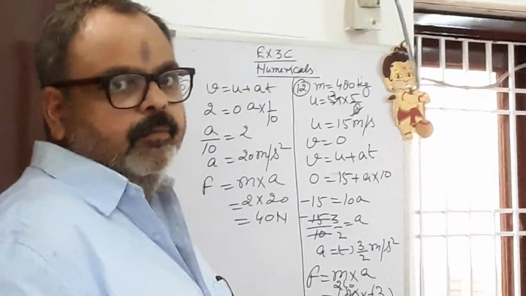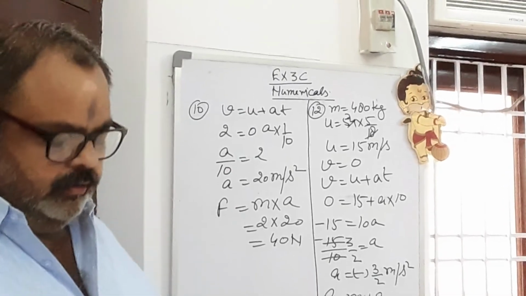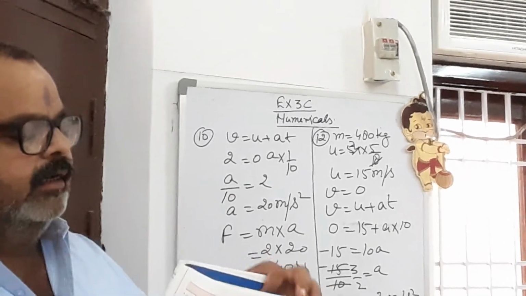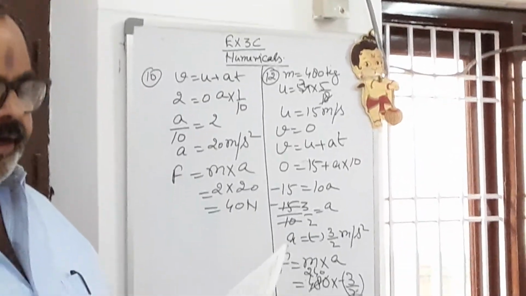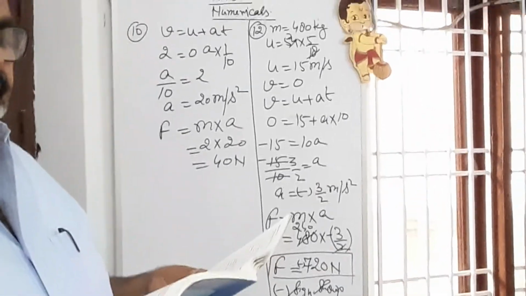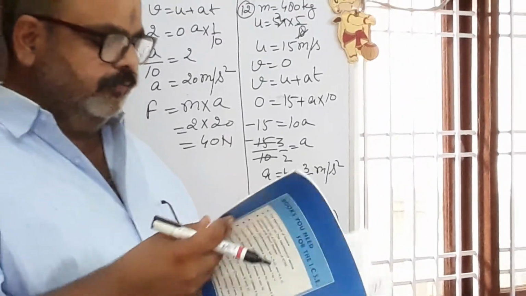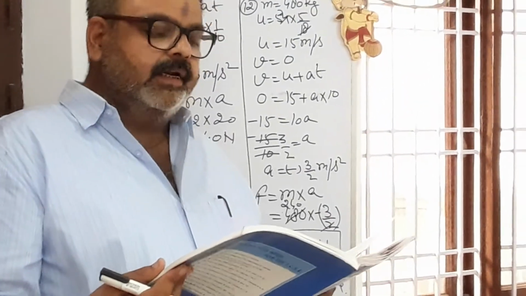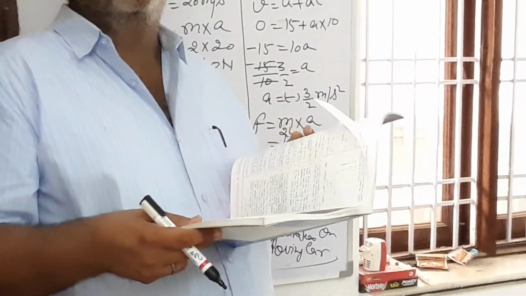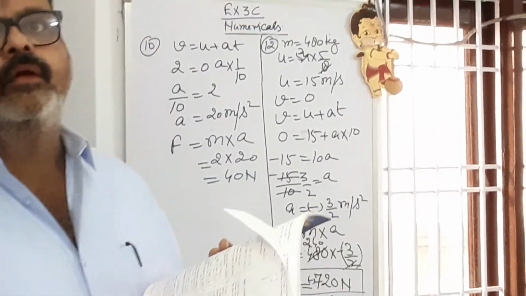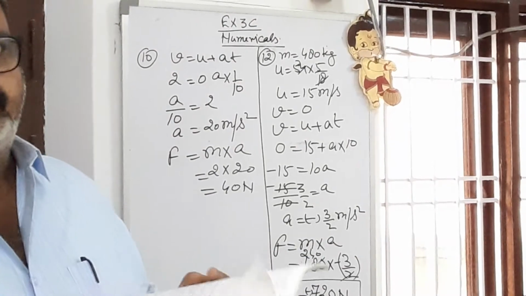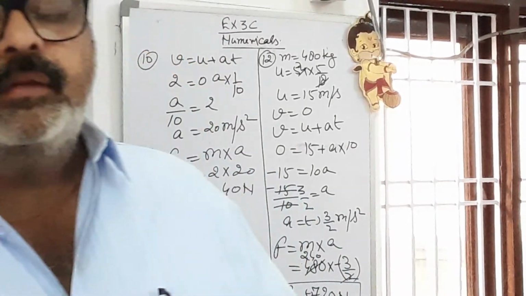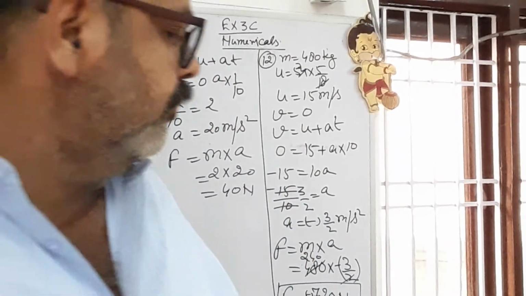So students, I have done the numericals for you. Simple numericals, F is equal to ma, and the third part of this chapter is Newton's third law.